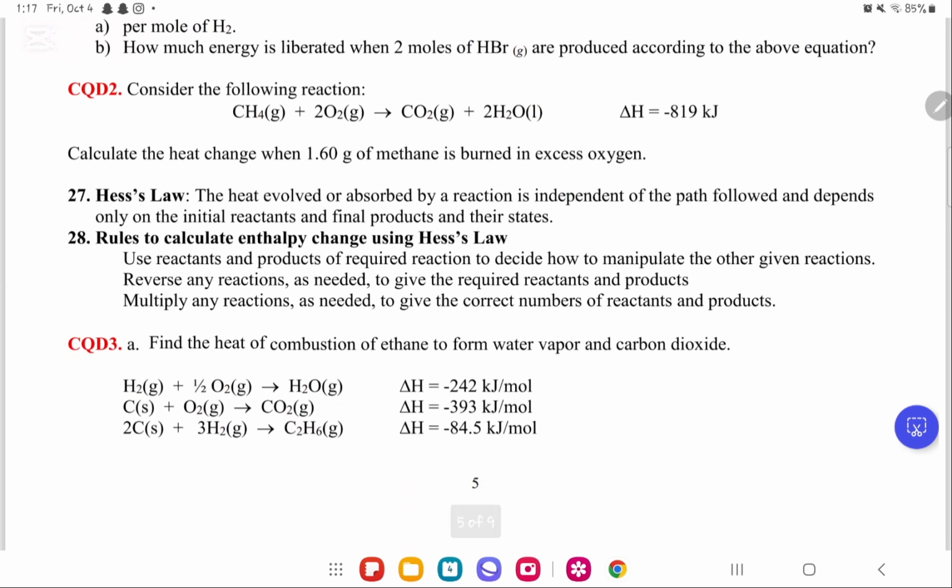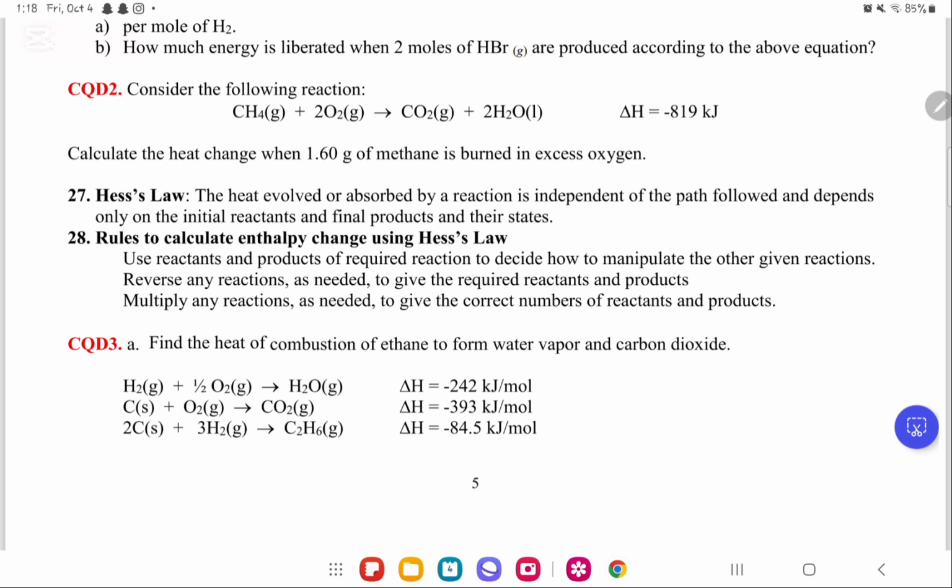CQD number 2. Consider the following reaction. Here we saw decimal. So again, a whole number cannot be fraction or decimal. In chemistry, we can see decimals, okay? But anyways, let me read the equation properly to understand what they mean. We have this reaction.